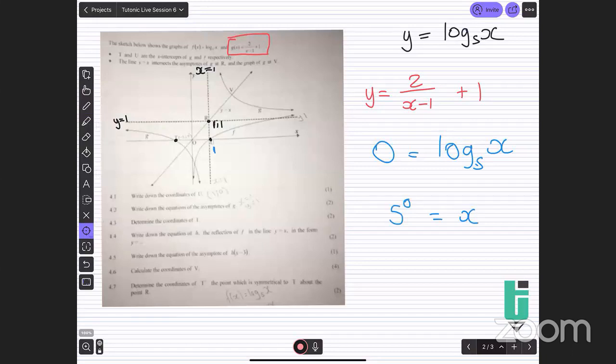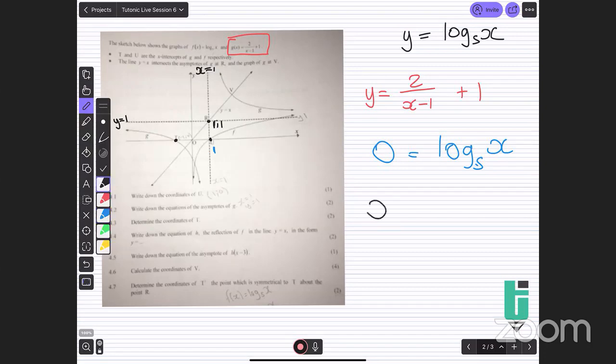So there are 2 ways that you could prove it. Number 2, the equations of the asymptotes. We've shown that already. Number 3, the coordinates of T. What's T? It's the x-intercept of the hyperbola. How do you find it?